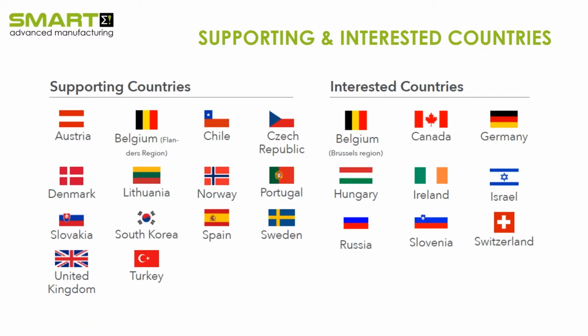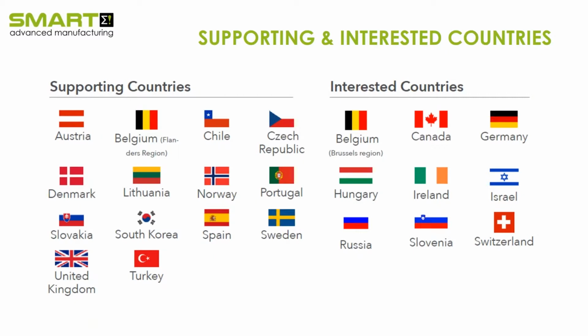This is important because we differentiate between supporting countries and interested countries. Supporting countries are those Eureka countries that are interested in a SMART cluster, but not only interested in the topic, they also allocate an amount of their funding, of their programs, to support directly a SMART cluster.